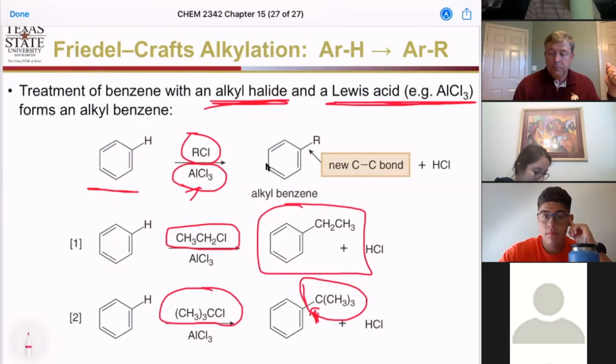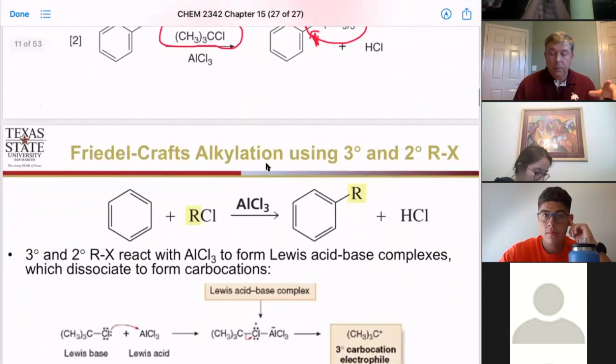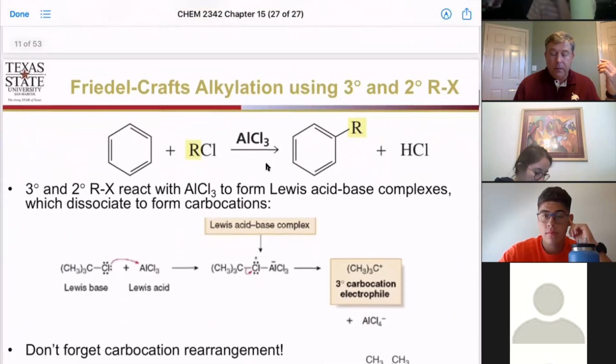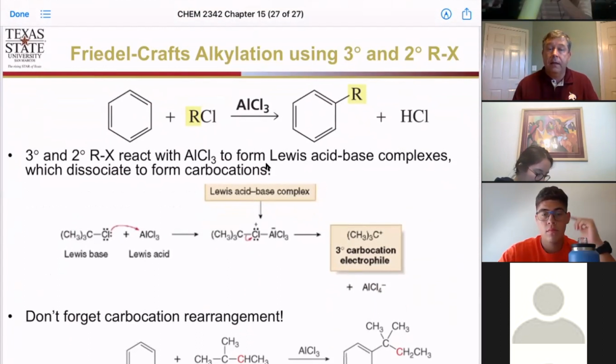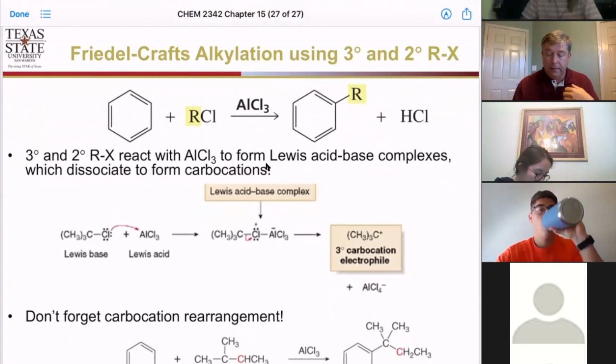Okay, so let's again see how we generate that electrophile here. So when we generate that electrophile, we are going to be doing the exact same thing, creating that Lewis acid-base complex to get a polarized bond between the carbon and the halogen, in this case, a chlorine right here.